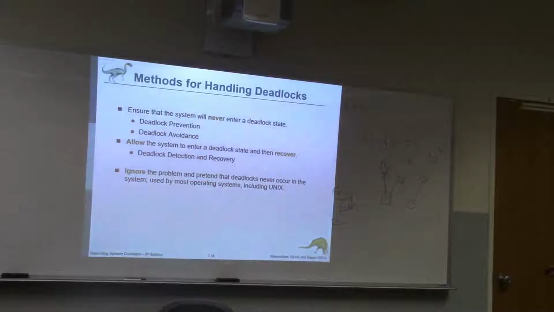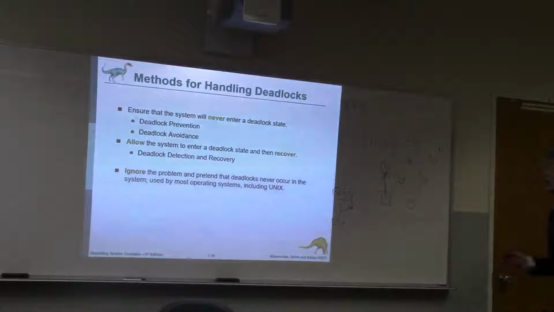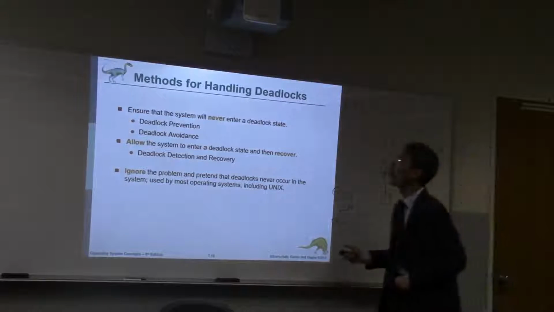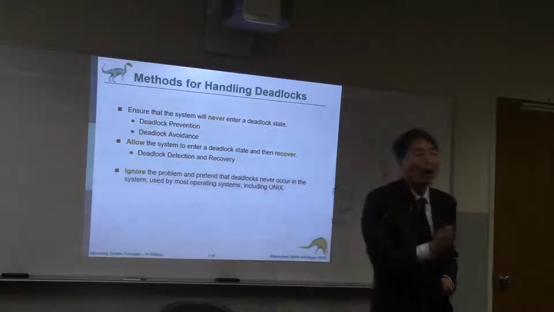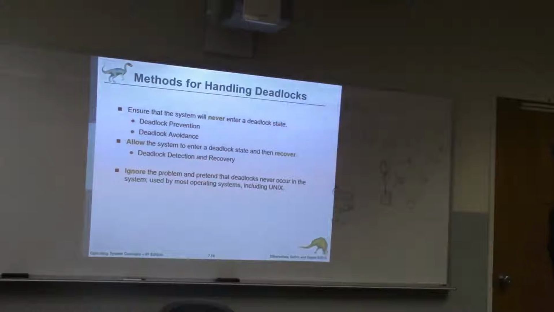So there are different types of solutions regarding the deadlock. The first one is prevention, and the second one is avoidance. Both prevention and avoidance never allow the operating system to enter the deadlock situation. It's very strict.